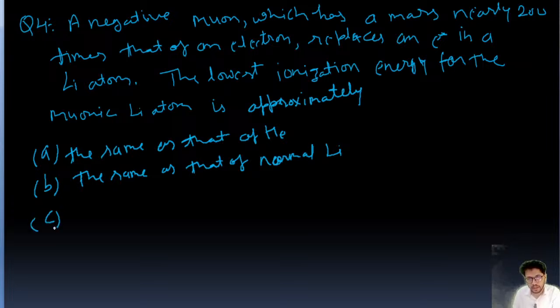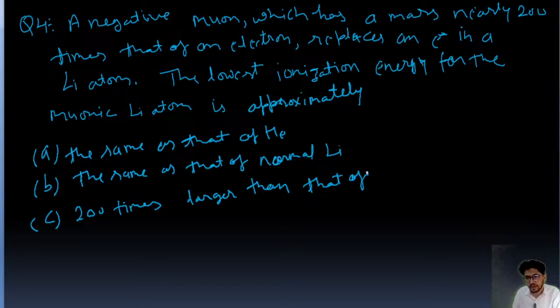Option C is 200 times larger than that of normal Li.